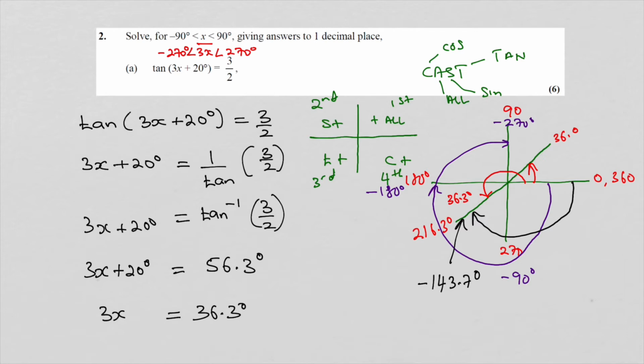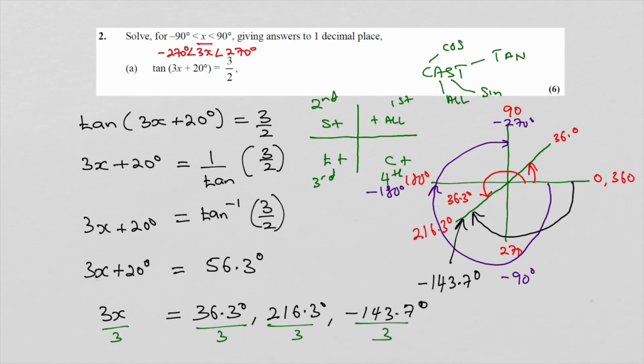The values are 36.3 degrees and 216.3 degrees and minus 143.7 degrees. Now we need to divide all by 3, so we divide that by 3, that by 3, and that by 3.